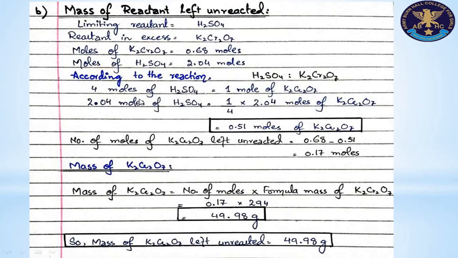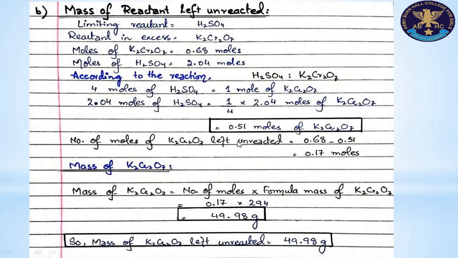So this mole ratio explains the reactant-reactant relationship. But if we have 2.04 moles of sulfuric acid, how many moles of potassium dichromate react with the sulfuric acid in order to produce the product? After writing the conversion factor along with the given quantity, this 1/4 is the conversion factor multiplied by 2.04 moles.